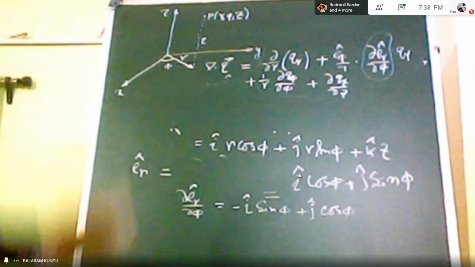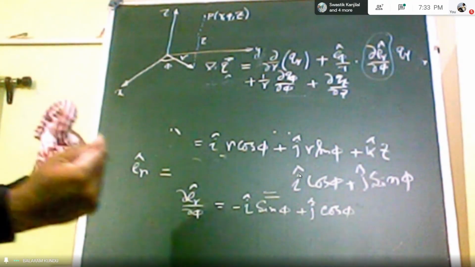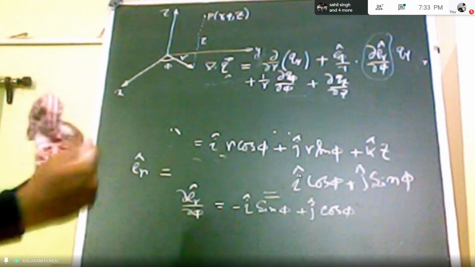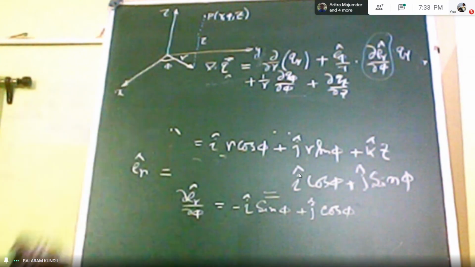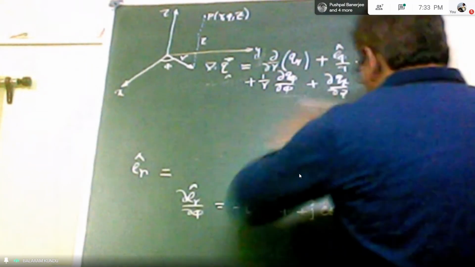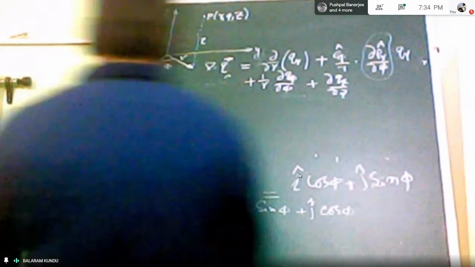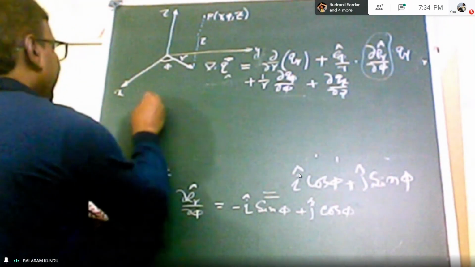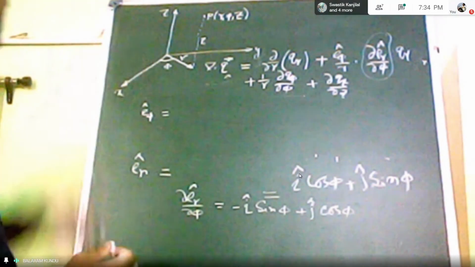Now from this mathematical expression we cannot do anything, because we have to know the expression of e_phi. So now we have to write the e_phi expression. E_phi is the unit vector acting in the phi direction, and that can be written from the position vector r.